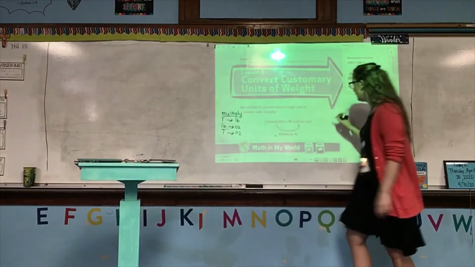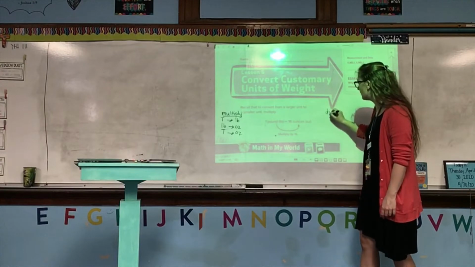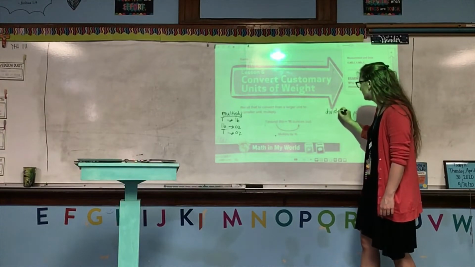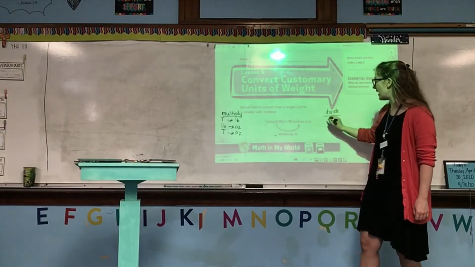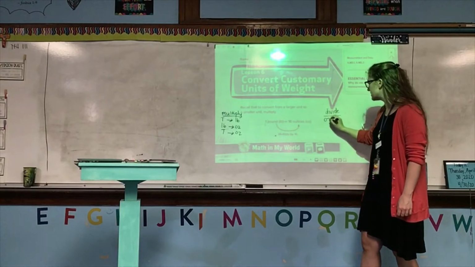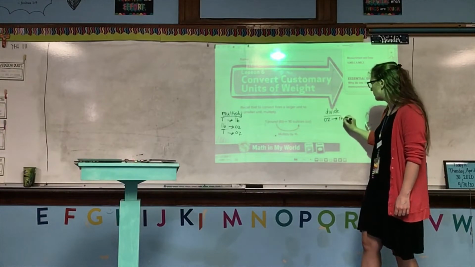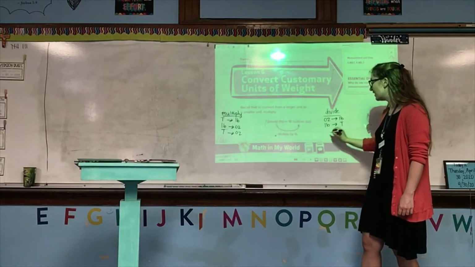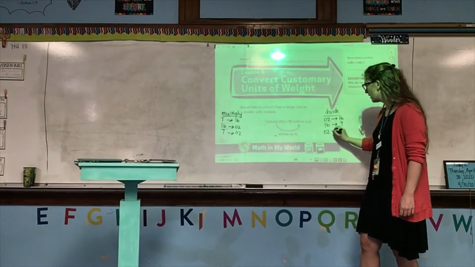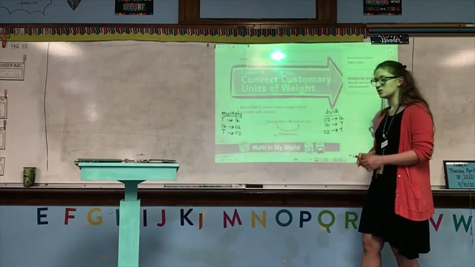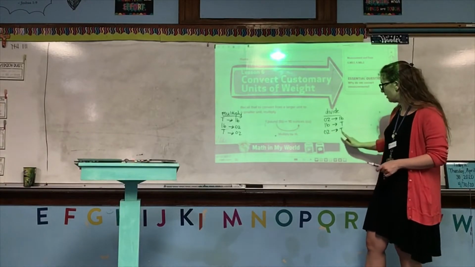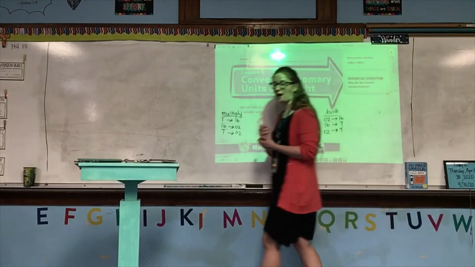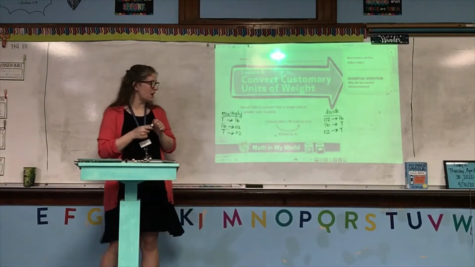Now, go ahead and write this in your textbook, we know we have to divide if we are going from ounces to pounds, pounds to tons, or ounces to tons, because we are going from small to big, which means we divide. So go ahead and write that note to yourself.